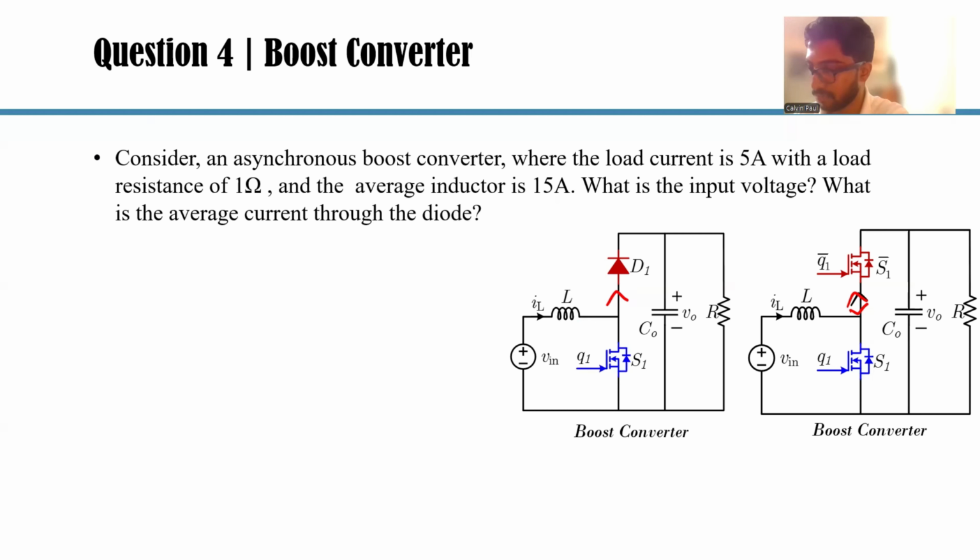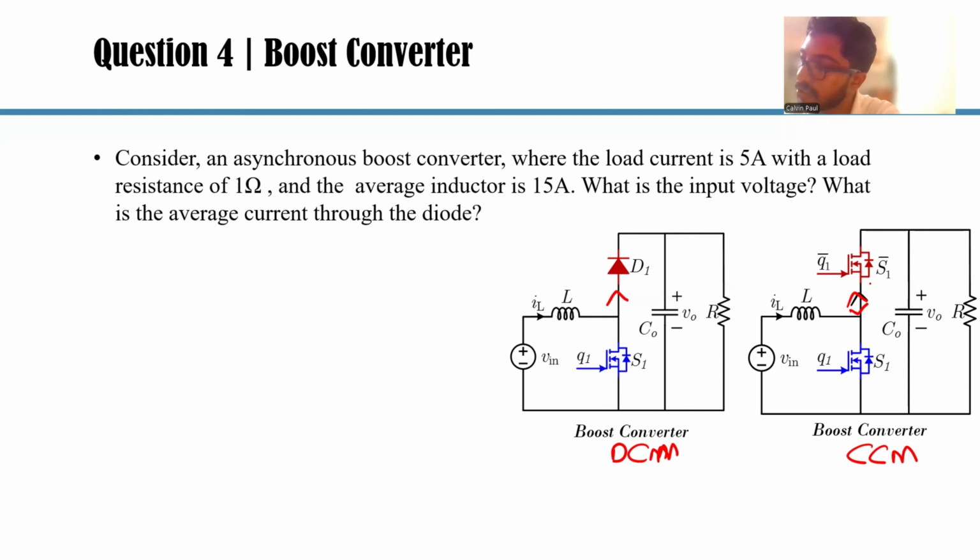To avoid discontinuity, yes. The left one operates in DCM if the load is very low, that is, the current is very low, and this one will always operate in CCM. In most cases right now we use this synchronous switch.